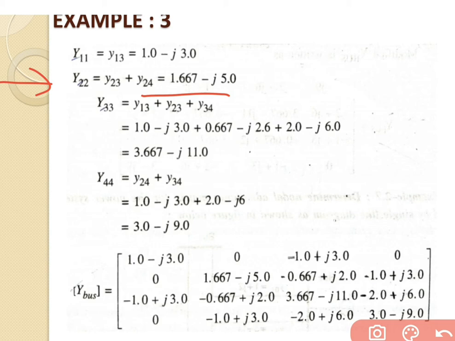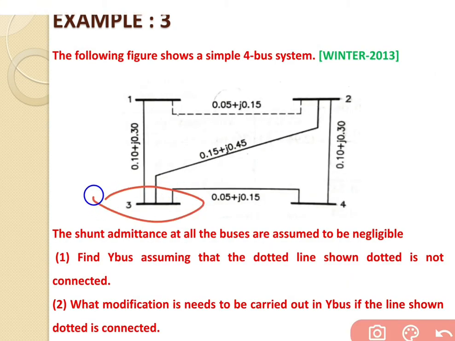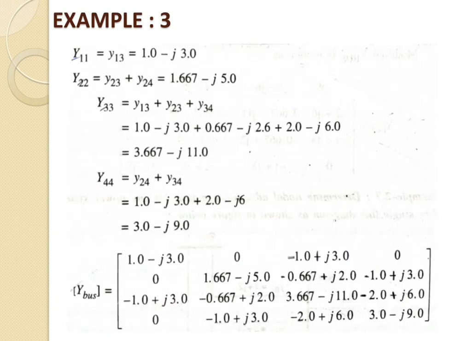Then we will go for bus number 3. Bus number 3 has a total of 3 lines, connected to bus number 1 as well as 2 and 4. So we will write the equation for y33 as y13 plus y23 plus y34.